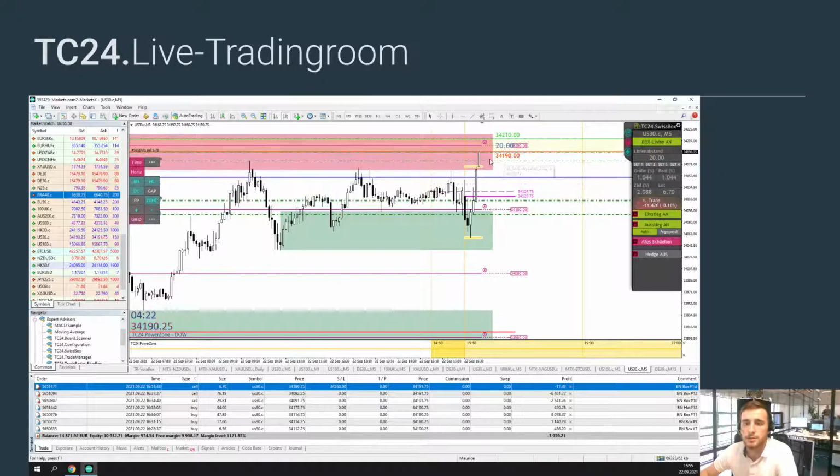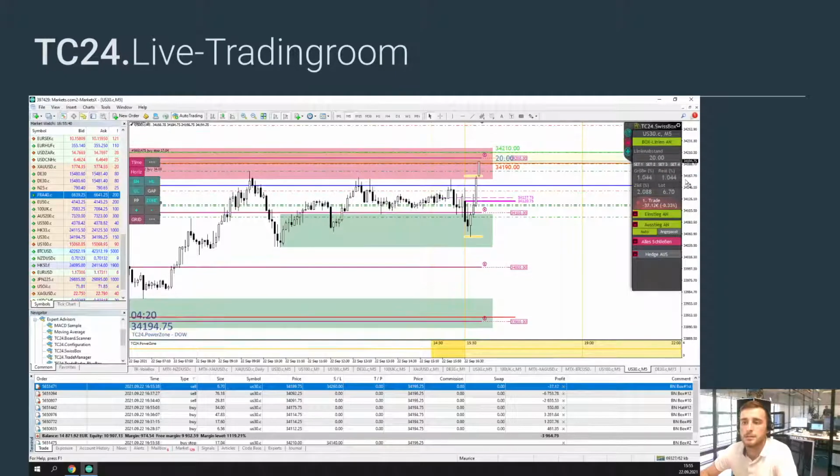So there's the first trade. And then depending on how well this fares out, let's get rid of some of these big numbers. We can get rid of that. And the zone. So what we're going to do is push this back down. Let's see how far we get down with that zone.